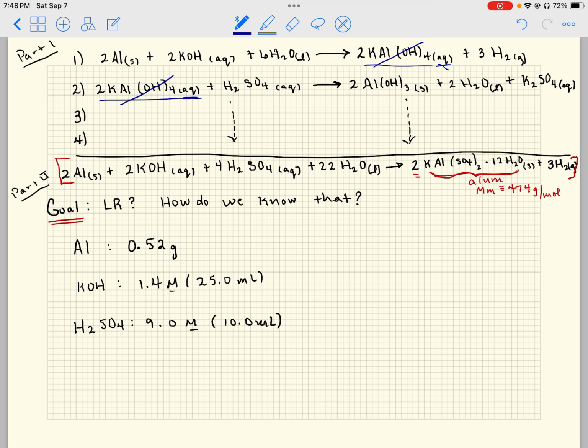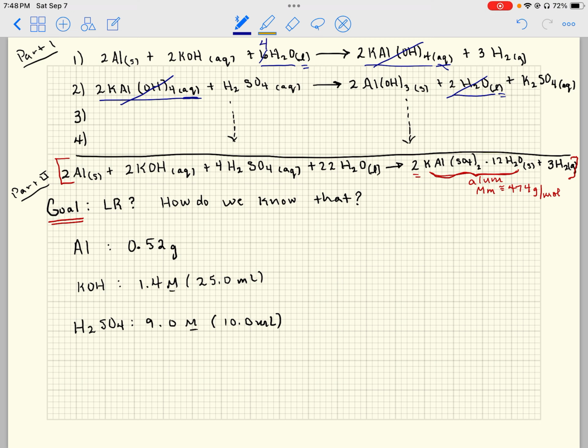You're going to continue doing that also by noting, for example, that I have 6 waters here and I have 2 waters here, both in the same formula with the same phase. So I can get rid of these 2 waters, and that would simplify the 6 waters here to 4 waters.